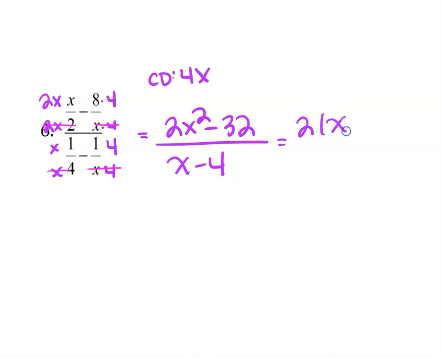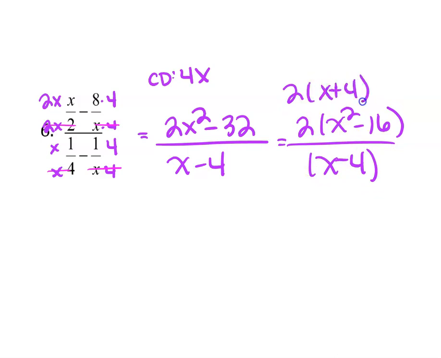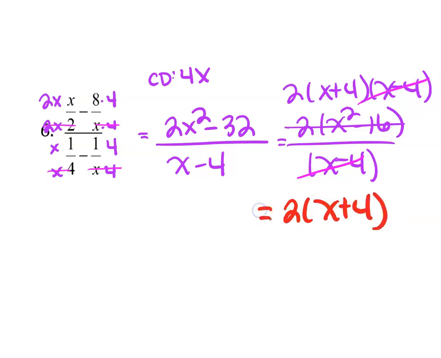Now I can factor out a GCF, which reveals x squared minus 16, which, as we know, is a difference of squares. So I'm just going to factor that right above it. Okay, x minus 4's cancel, and that leaves me with 2 times x plus 4. And that is complex fractions when you get all common denominators in the numerator and the denominator.